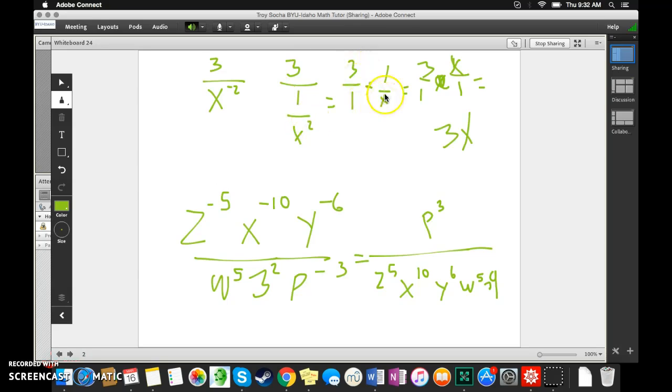And if you remember, our squared came with us the whole way. So you get 3x squared.